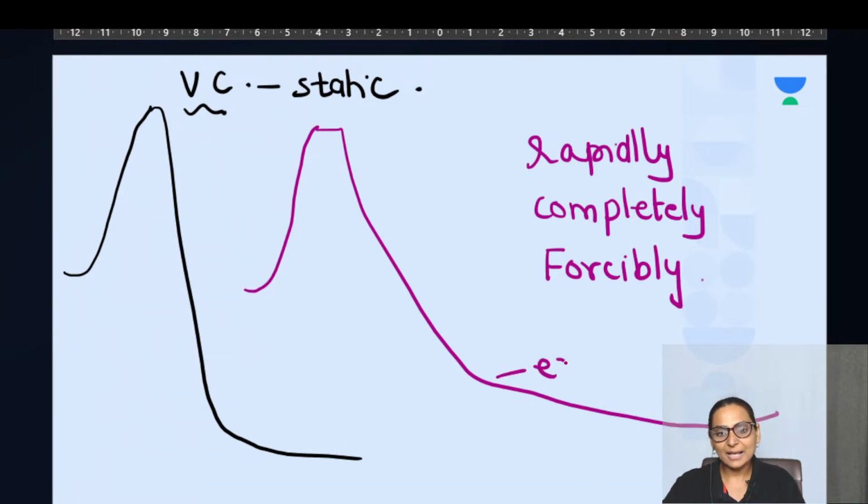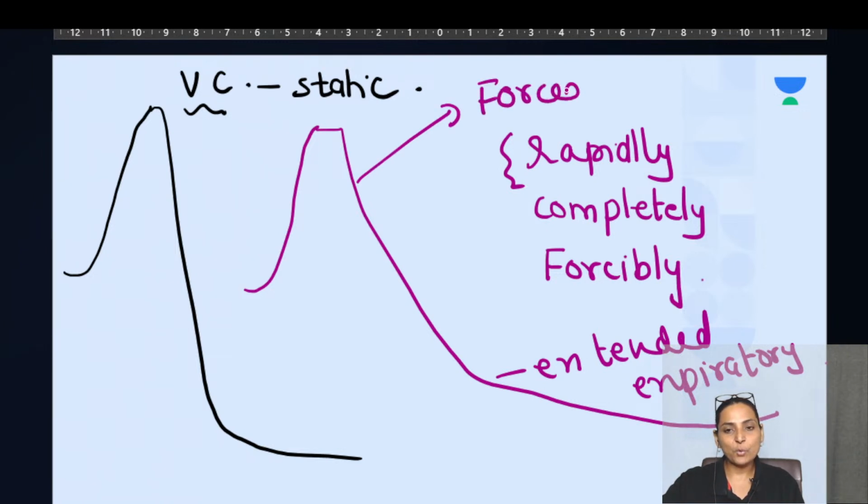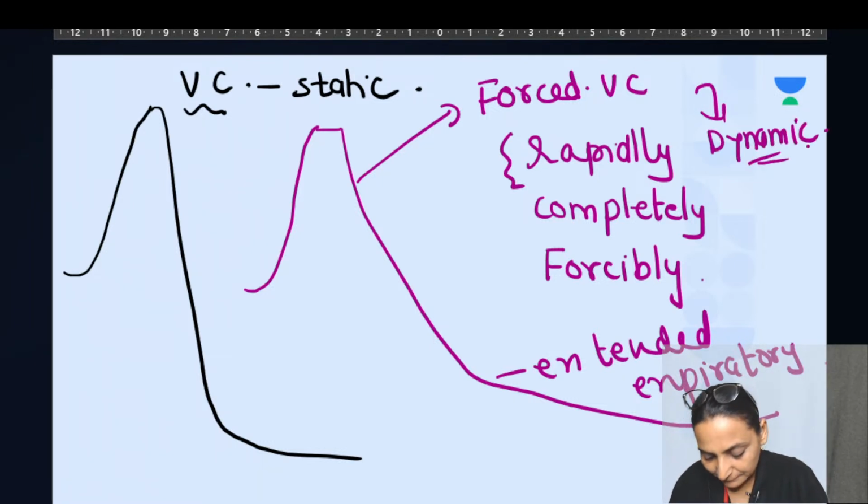So I am getting an extended expiratory limb, because now I am concentrating not only on the volume of air but the speed with which it is given out. So this becomes my forced vital capacity, which is a dynamic lung volume and capacity.